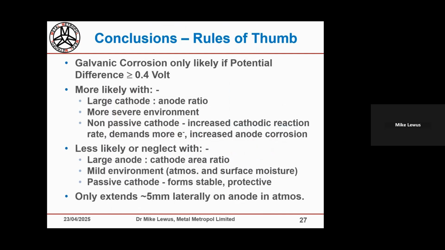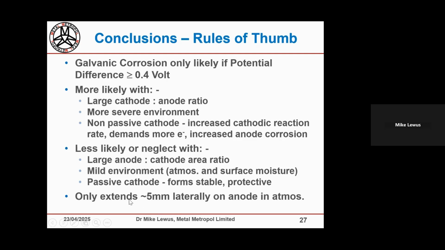The rationale there is simply that we've got a corrosion current flowing onto a small anode, so the current density is high, so the loss in anode material is going to be higher. In contrast, if we've got the opposite way around, a large anode and a small cathode, the corrosion current is going to be distributed over a larger anode area. So through thickness, loss of the anode is going to be lower.